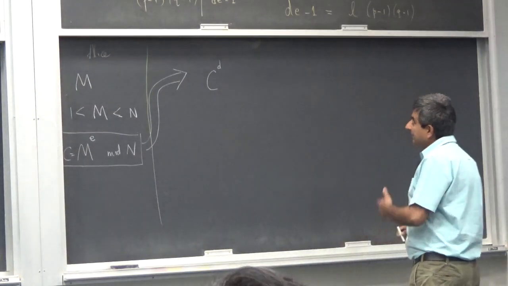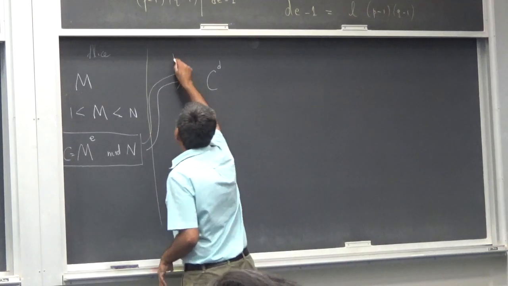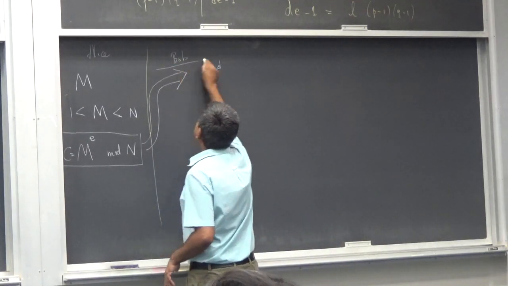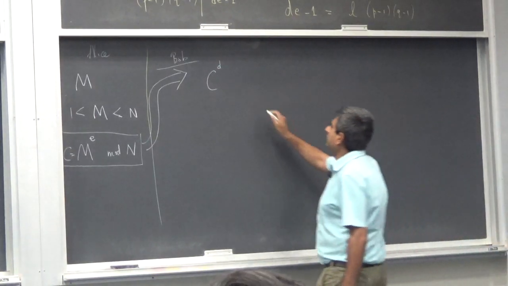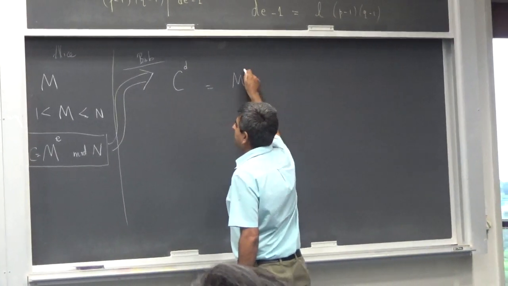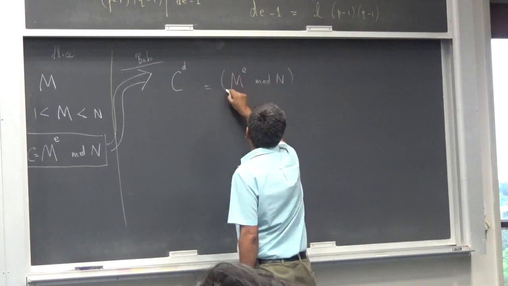So once C arrives with Bob, he exponentiates it with the so-called, now you know why it is d, the decryption coefficient, and he would do (M^e mod N) raised to power d.